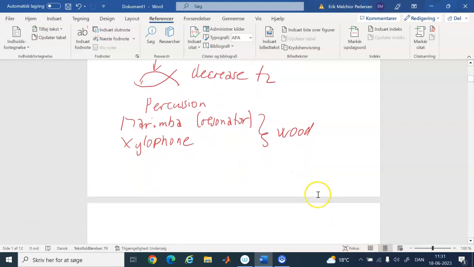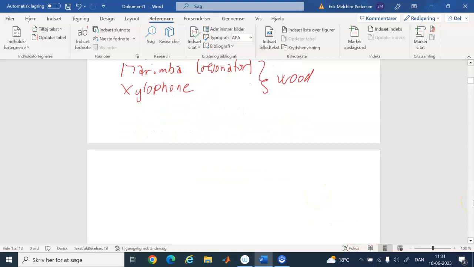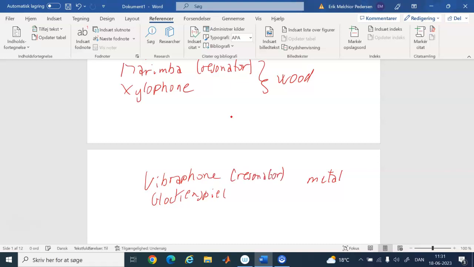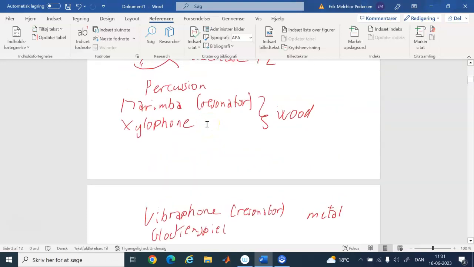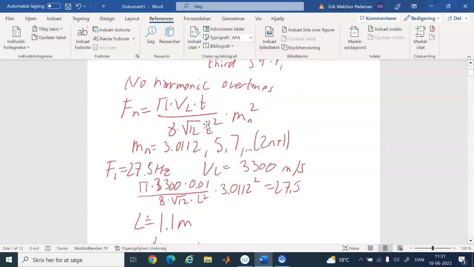We have a vibraphone and a glockenspiel, which is metal, and I think there's also a resonator for the vibraphone. Yes, and they are playing different situations.